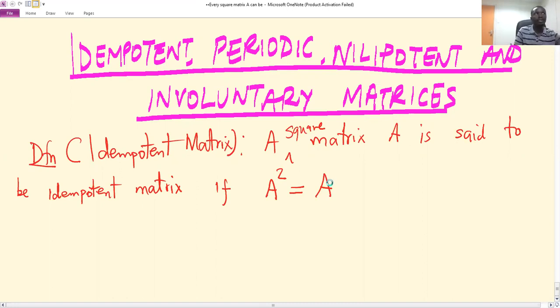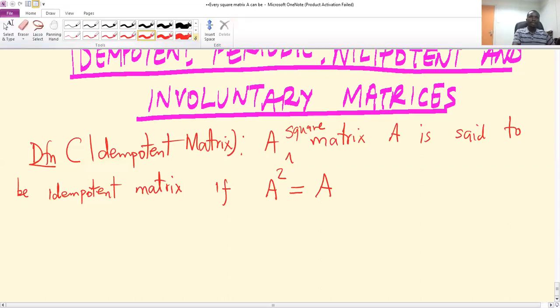And remember, A squared means A times A. So that's what defines an idempotent matrix.